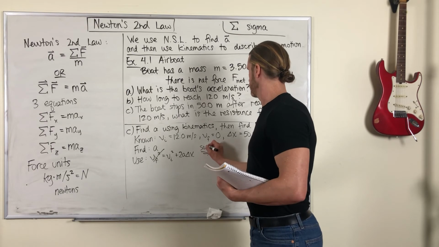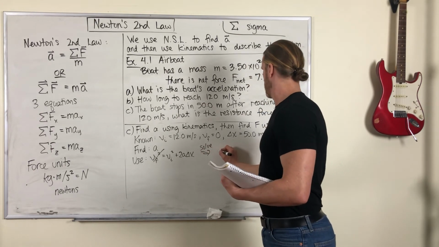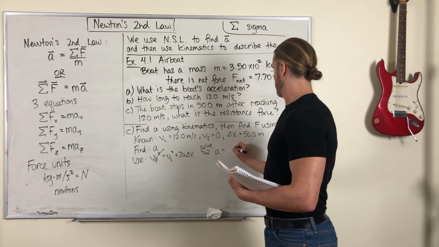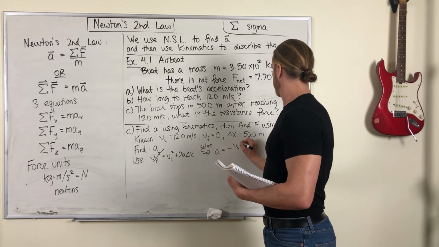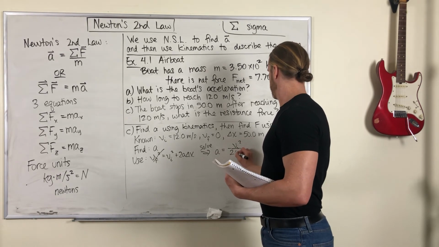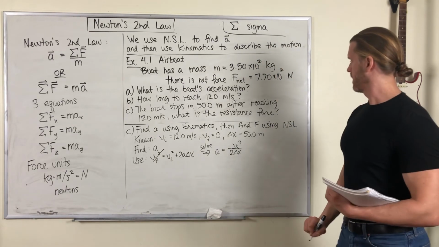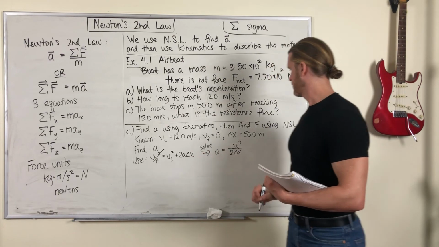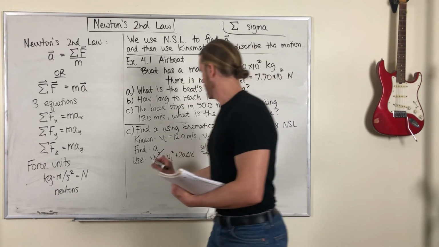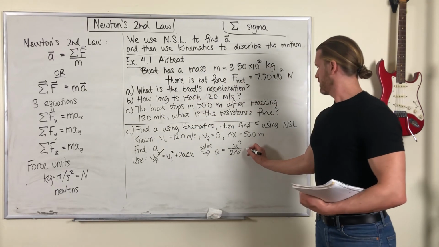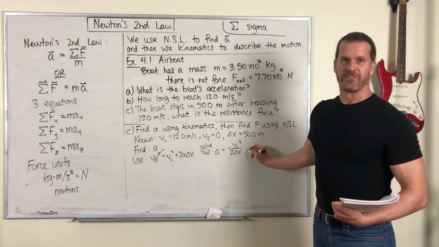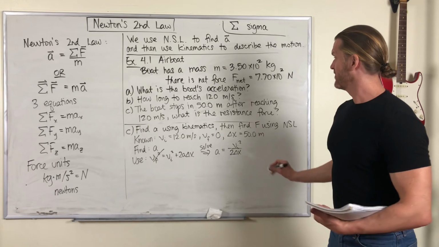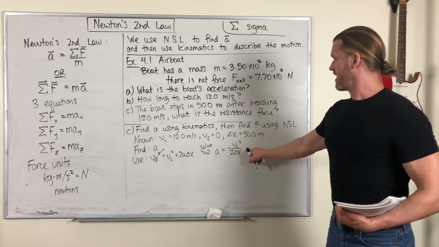And we can solve it. A equals negative V initial squared over 2 delta x. I didn't bother to calculate this along the way. I had the final answer for the problem though. So we'll just leave it like that.